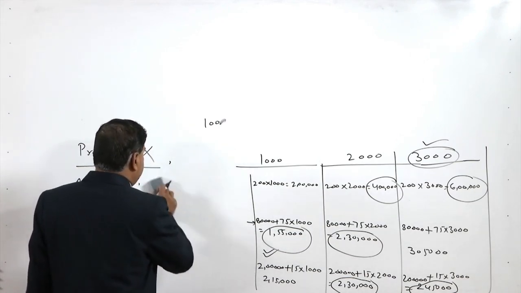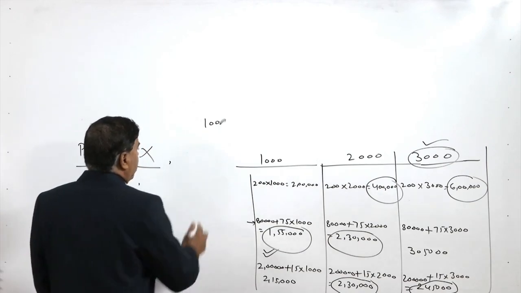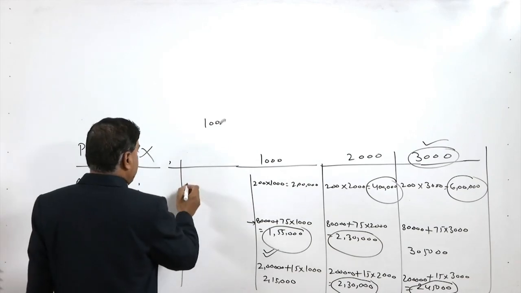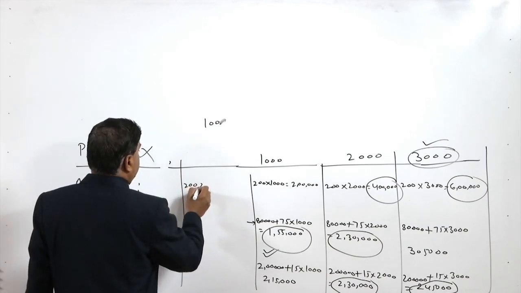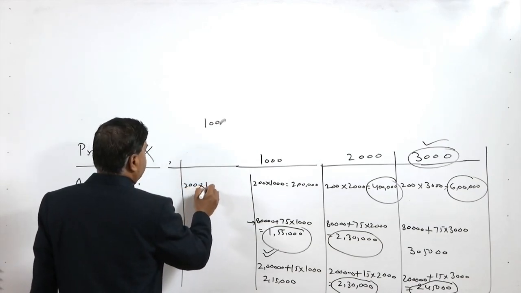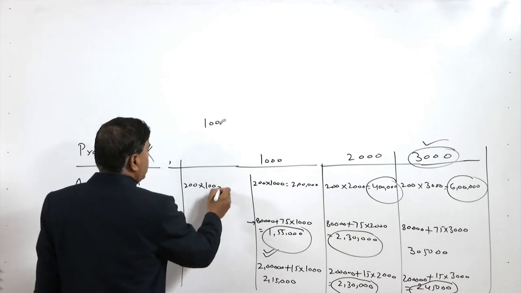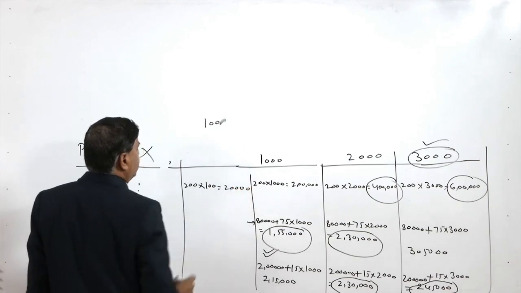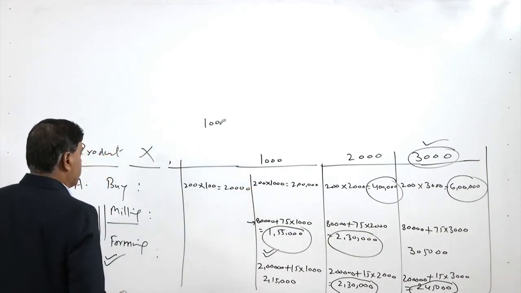So, we will get a clearer picture. Here, for 100 units, which option comes out to be the better one? For option A, 200 multiplied by 100 pieces, here 20,000 is the total cost.